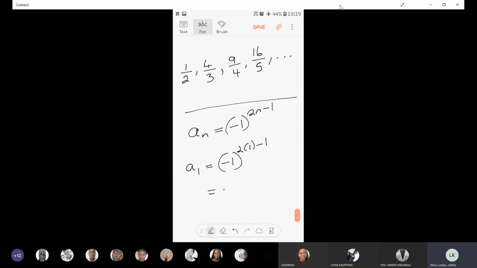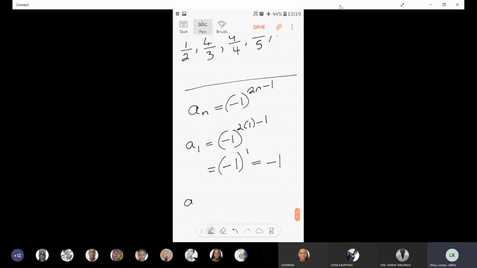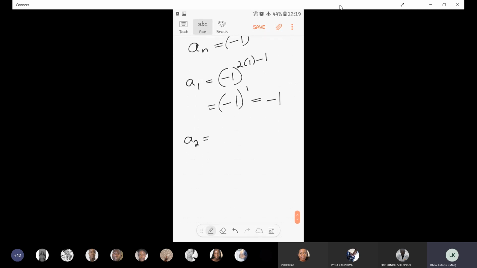This is just negative 1 to the power of 2 minus 1, which is 1. Negative 1 to the power of 1 is just negative 1. Then a2, this is negative 1 to the power of 2 times 2 minus 1.